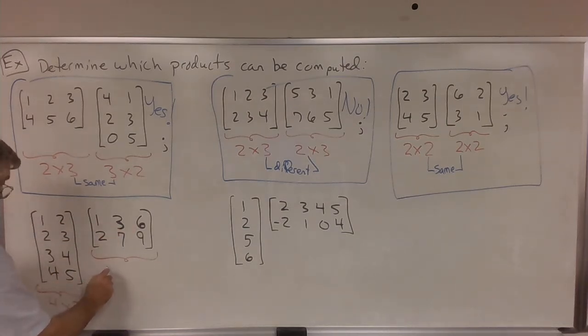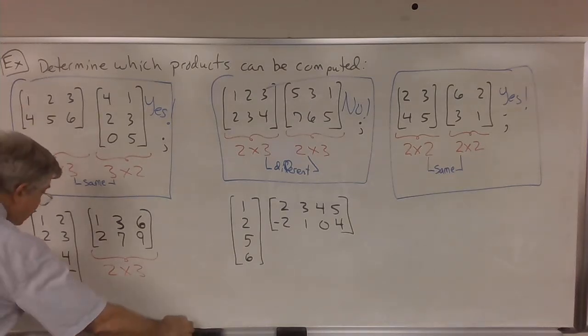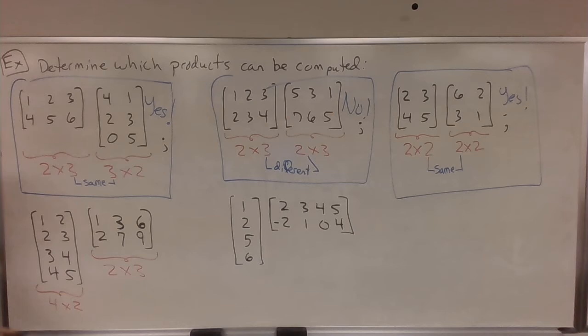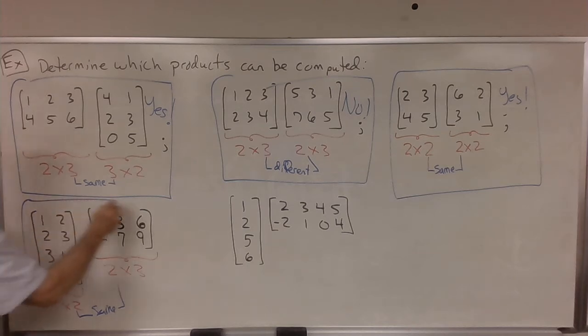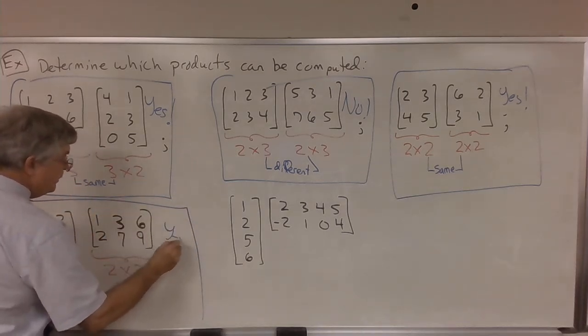So this is a 2 by 3 matrix. And guess what? The number of columns of the first and the number of rows of the second are the same. So yes, this product can be computed.